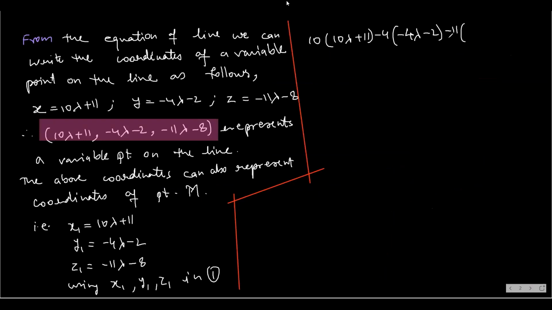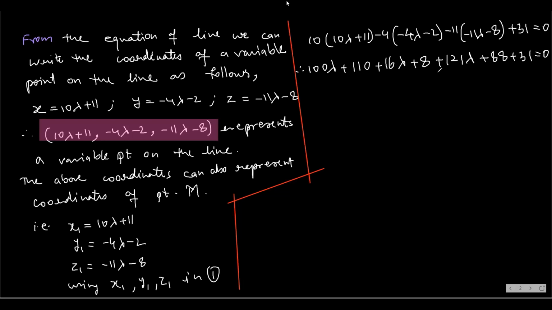What is z1? Z1 is minus 11 lambda minus 8, okay, plus 31 equals to 0, so 100 lambda plus 110 plus 16 lambda plus 8 plus 121 lambda plus 88 plus 31 equals to 0.